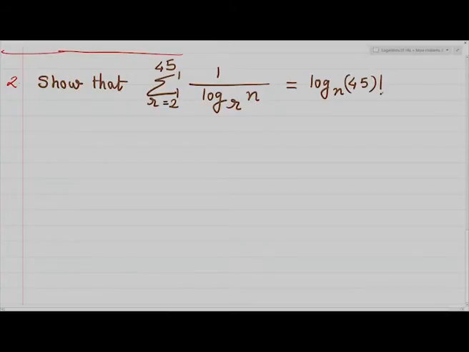I assume you know this notation factorial, but if you do not know, let me just tell what this notation is. If I want to write m factorial, this is nothing but m into m minus 1 and so on into 2 into 1. This is what the m factorial notation means.